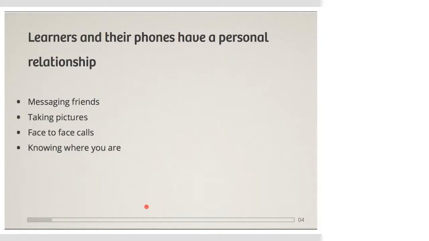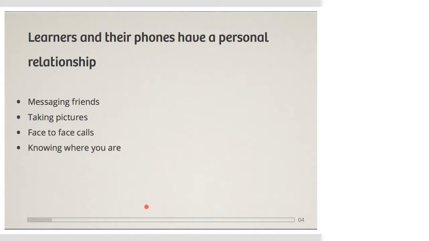And lots of your learners have a very personal relationship with their mobile phones. Of course, they use it to message their friends a lot, and they take pictures of their lives, making calls, and your mobile doesn't even know where you are, and it still stores all this information.